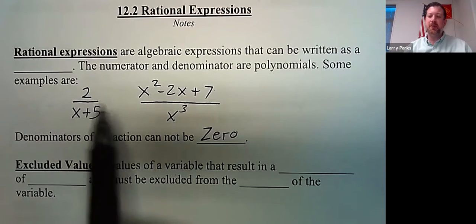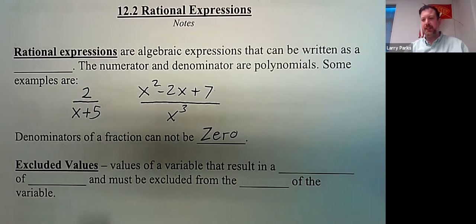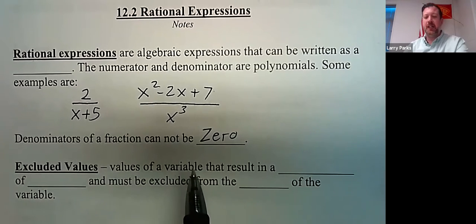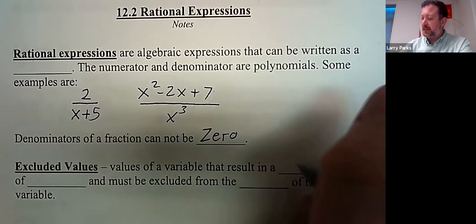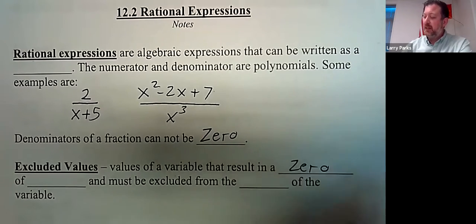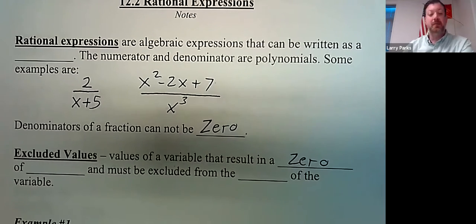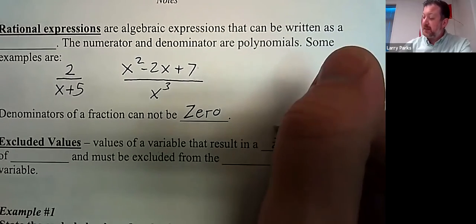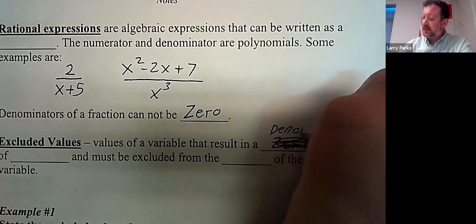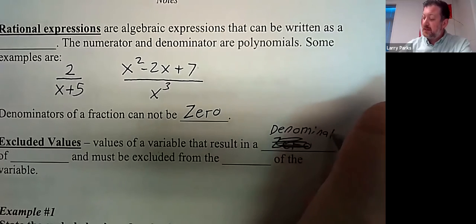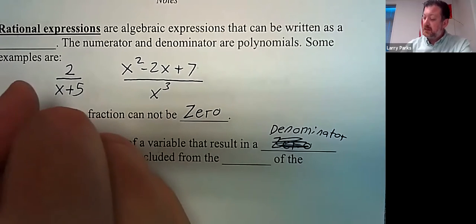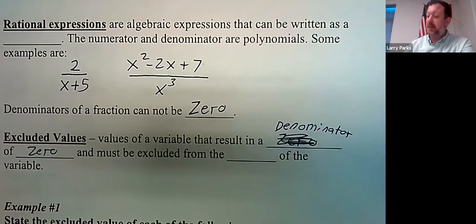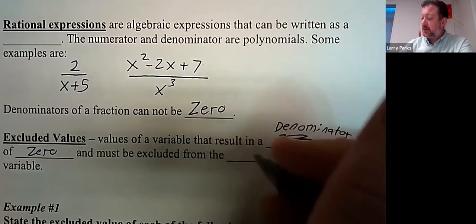So as we're working with these, we need to list the excluded values. They're values of a variable that result in a denominator of 0, and must be excluded from the domain of the variable.